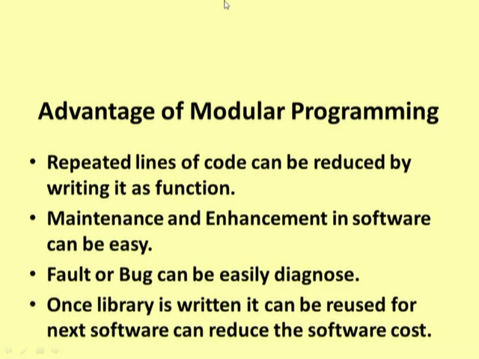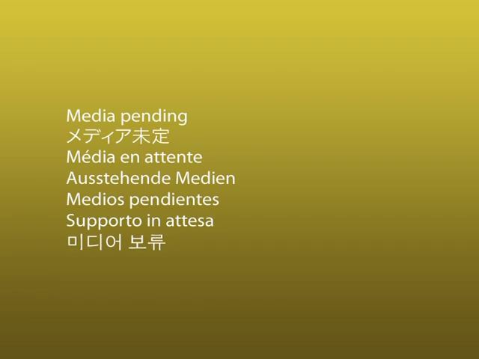Now what are the advantages of the modular programming approach? Let us discuss point number 1, that is, repeated lines of code can be reduced by writing them as a function. Second, maintenance and enhancement in the software can be easy. Let us discuss this point. For example, I have one software which contains various types of functionality.